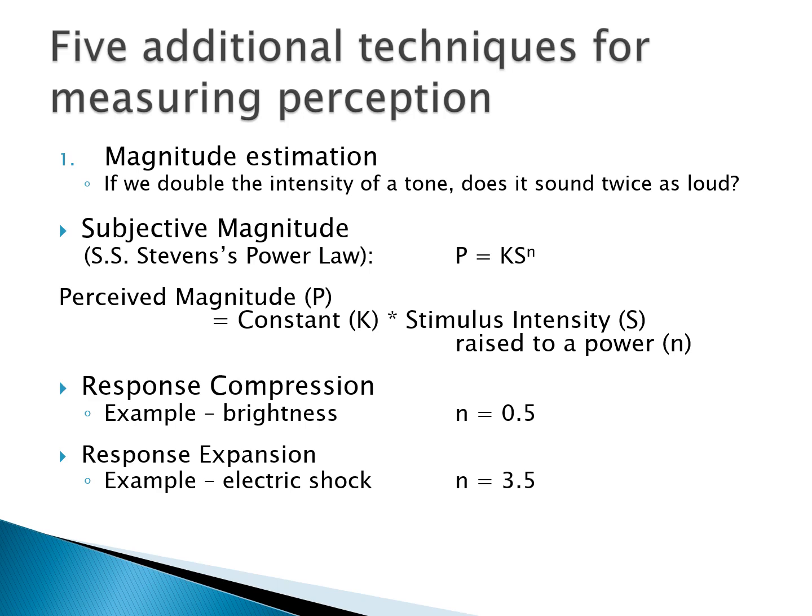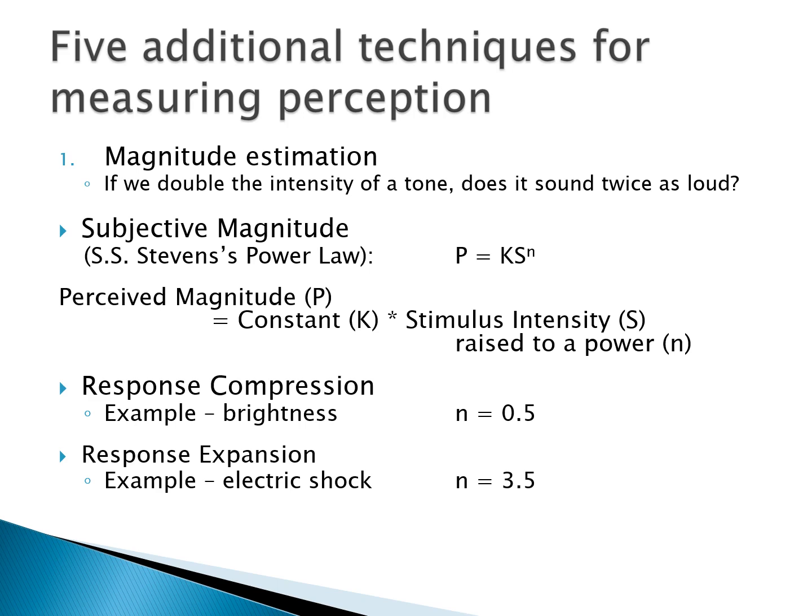What we know of subjective magnitude comes mostly from S.S. Stevens, who worked in the 1960s, and he put on it this power law. This formula formalizes a lot of what Fechner did say and understand about magnitude estimation.